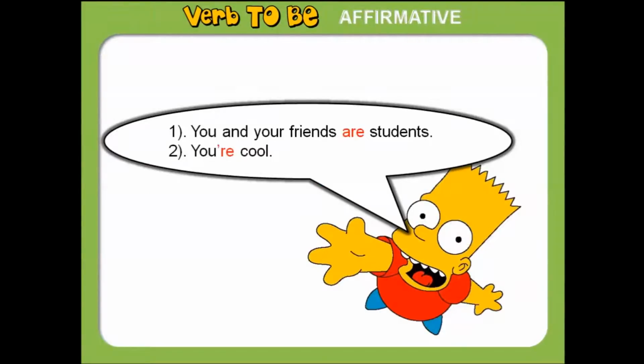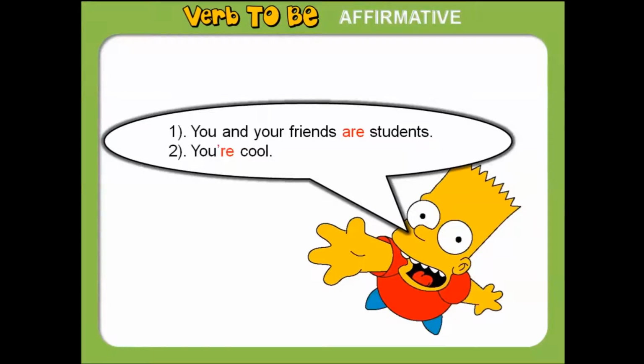Okay, well everyone, now we are going to look at more examples. For example, number 1, you and your friends are students, the plural form. And number 2, you're cool. And you're here comes from the words you are. We don't care about the object, whether the object is plural or singular. What we care about is the subject.